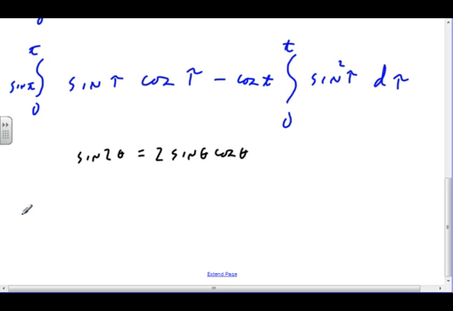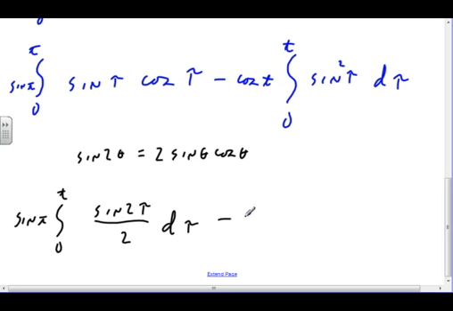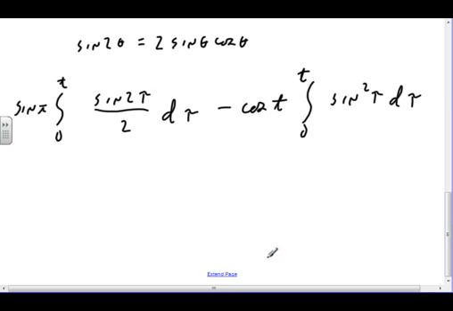So that means I can rewrite this as sine t integral 0 to t of sine 2 tau divided by 2 d tau, minus cosine t integral 0 to t sine squared tau d tau. Now, what's the integral of sine squared?